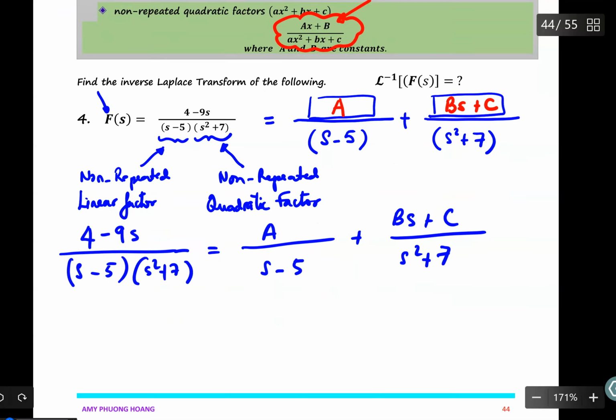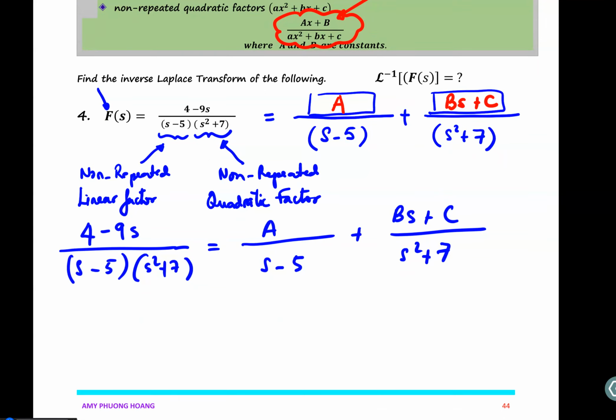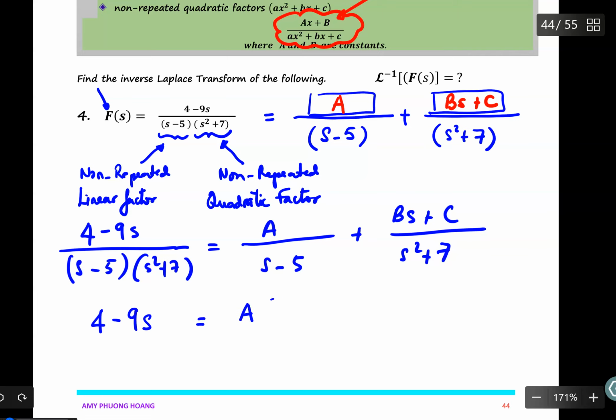At this point, we can skip the in-between algebraic step and write our statement as 4 minus 9s equal to A times (s squared plus 7) plus (s minus 5) multiplied by (Bs plus C).